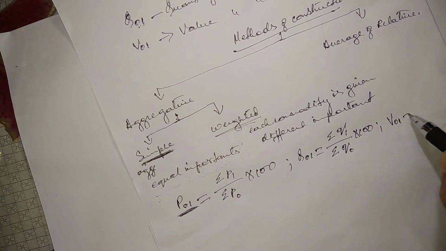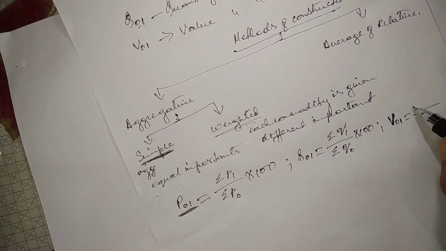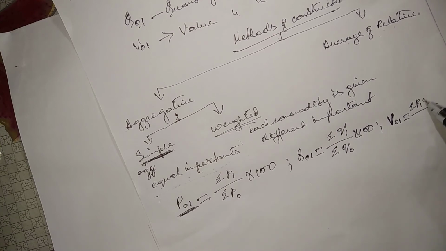And the value index of the current year on the base year: value is the product of quantity and price. Okay, when we measure value, we always multiply. It is the product of price and quantity, so it will be the total sum of the product of the current price and current quantity, divided by the sum of the product of the base price and base quantity, multiplied by 100.